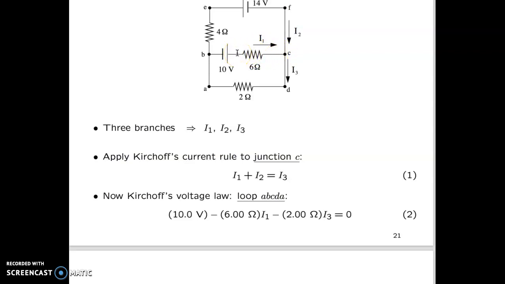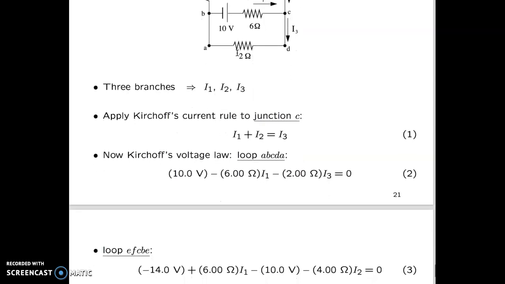We're walking against the current. Current goes downhill, so we must be going uphill. So as a result, the potential difference is positive I1 times the resistance of 6 ohms. Okay. Next, we go across this battery. We're going from high potential to low potential, and it's going to be therefore negative 10 volts.